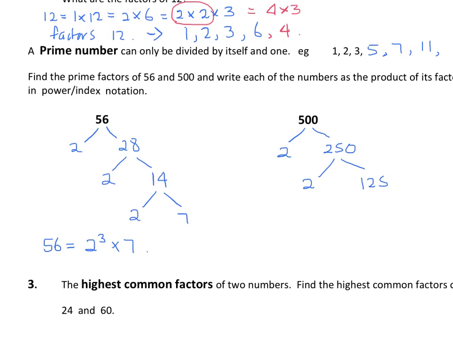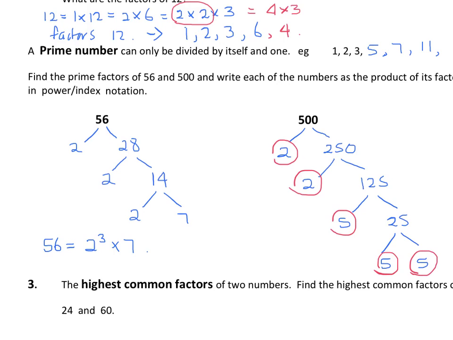What's the next prime factor? It's 5. Does 5 divide into 125? Yes, it does. 5 times 25 is 125. And then the prime factors of 25 are 5 and 5. Notice that we have all the prime factors down the left-hand side of this factor tree, and we also did when we looked at 56.